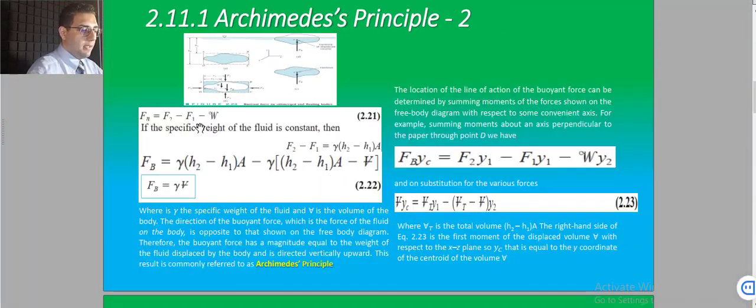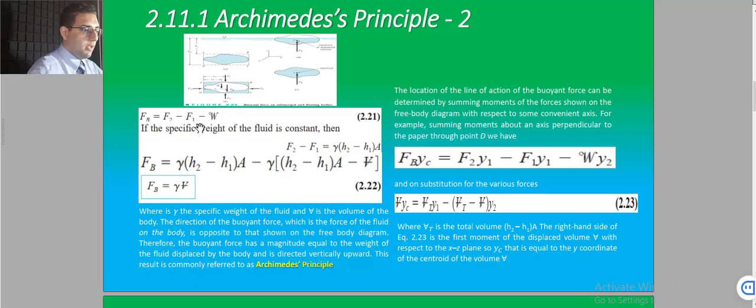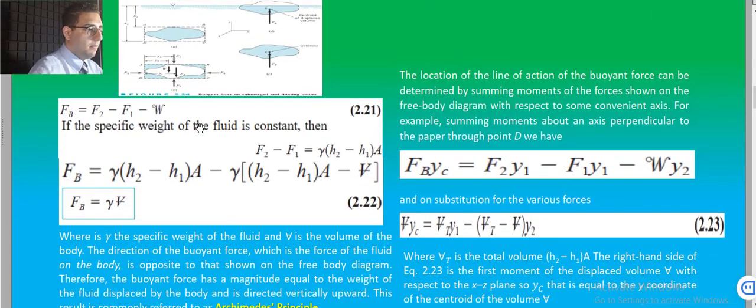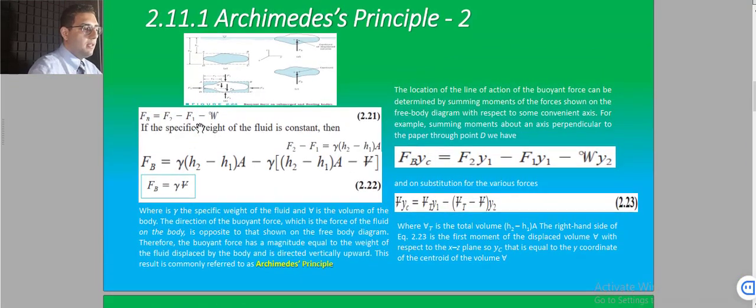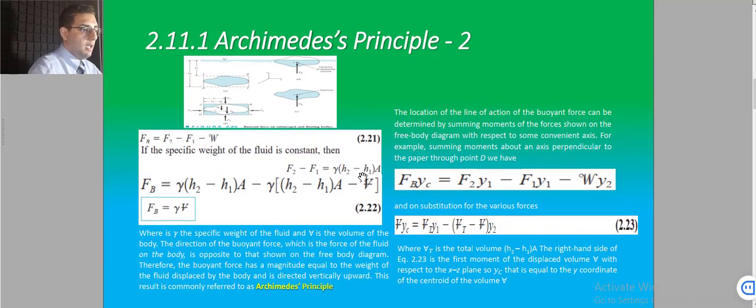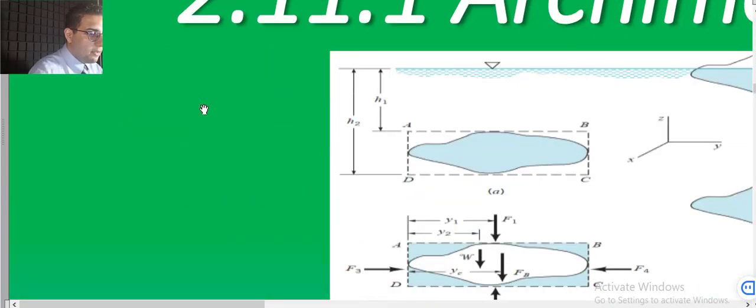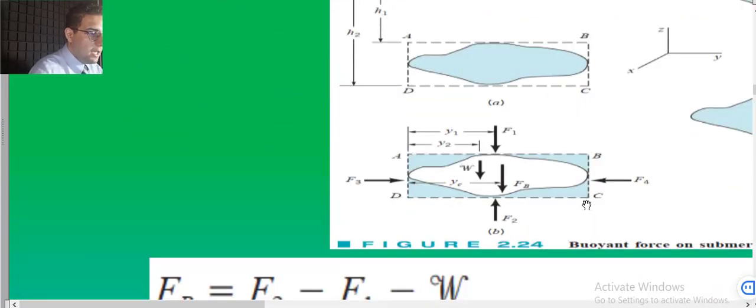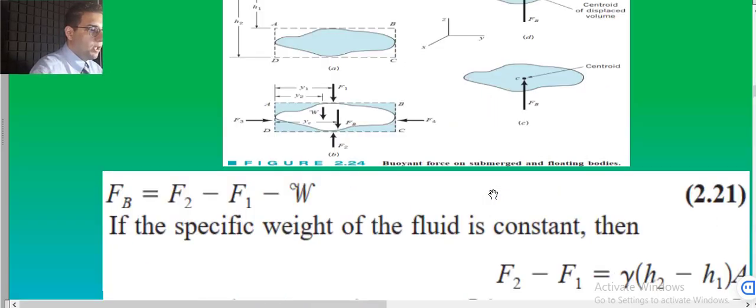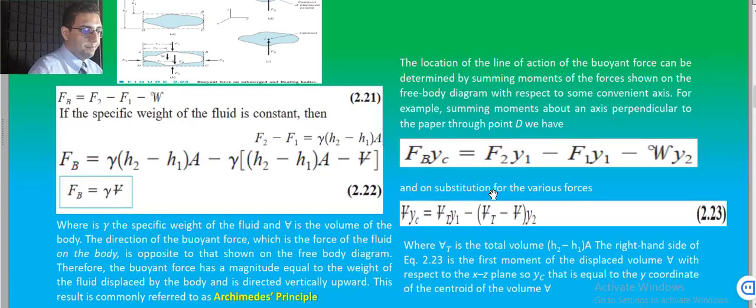As in previous sessions, we also have the moment equations here. If we take the moment of every force about point A, we can identify the location of the buoyant force exerted on the body.